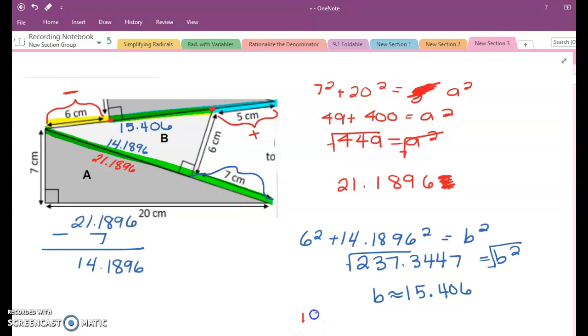Okay, so I'd take this 15.406 minus the 6 plus the 5, and that would give me 14.406. So this right here is 14.406. Okay, and then you just continue on upward.